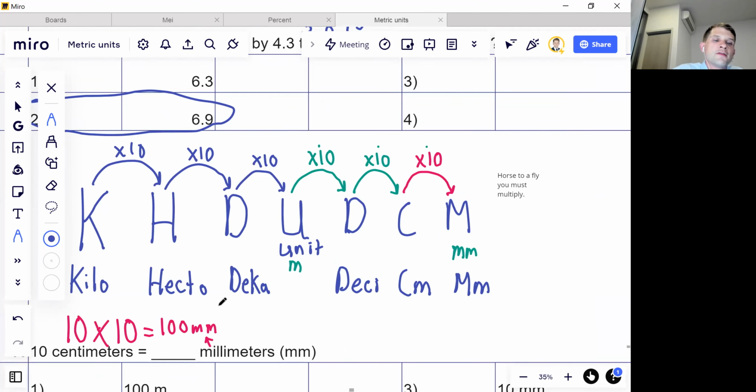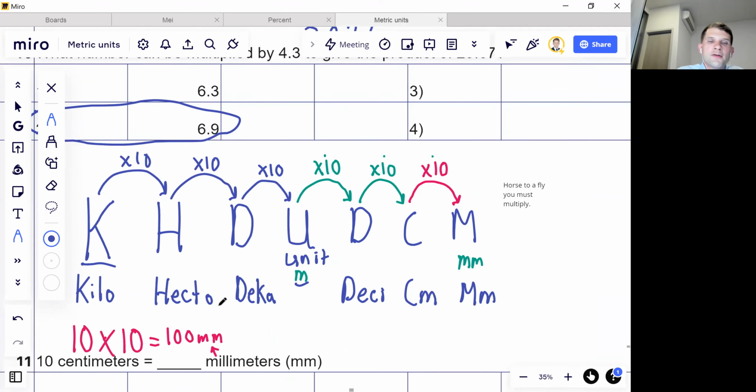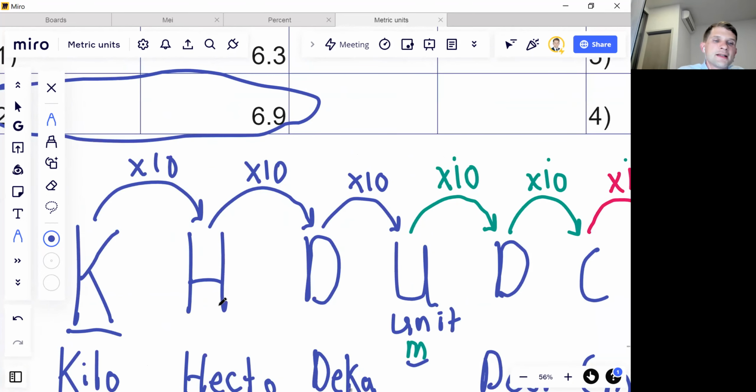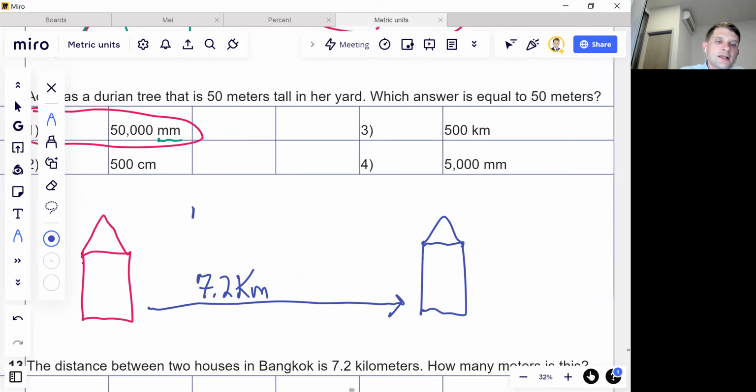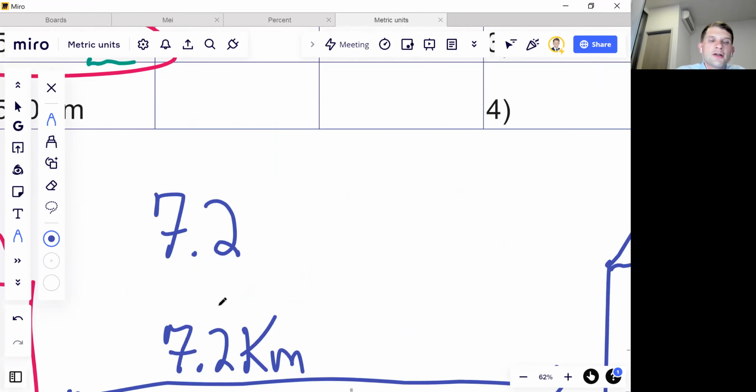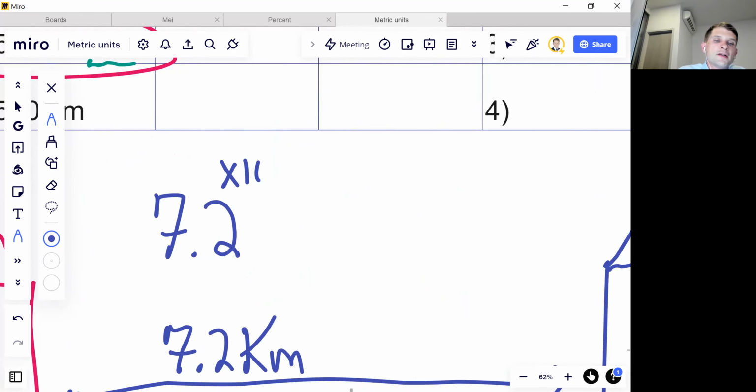So if I'm going here from 7.2 kilometers to meters, I know that I need to go 3 steps here. So that's times 10 times 100 times 1000. So I need to take 7.2 times 1000 here. So I've got my decimal here, and I need to multiply this by 1000. So that's going to be 1, 2, 3 digits to the right here.